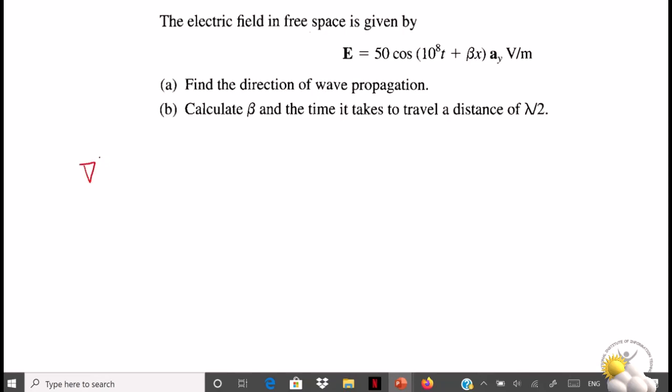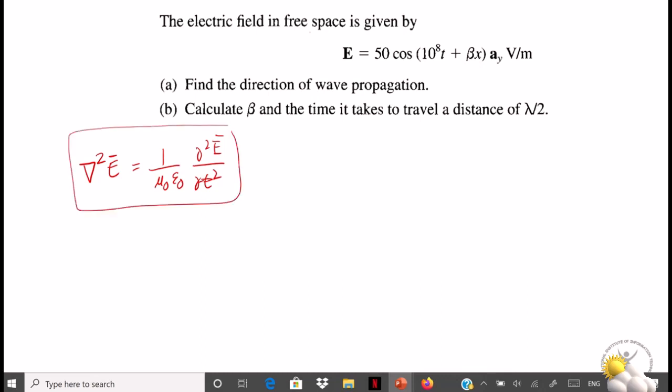Usually, if you remember, when we solved the Maxwell equations in the time domain, we got an equation like del square of eta is equal to mu naught epsilon naught times the second time derivative of eta. This is the differential equation we got, and we said the solution to this equation is a wave.